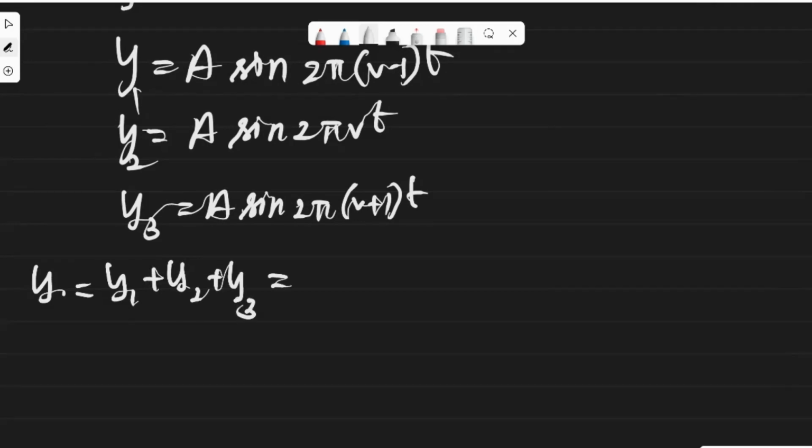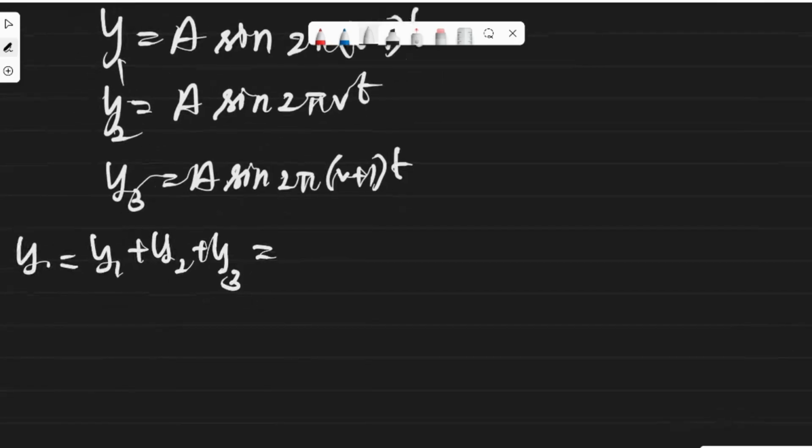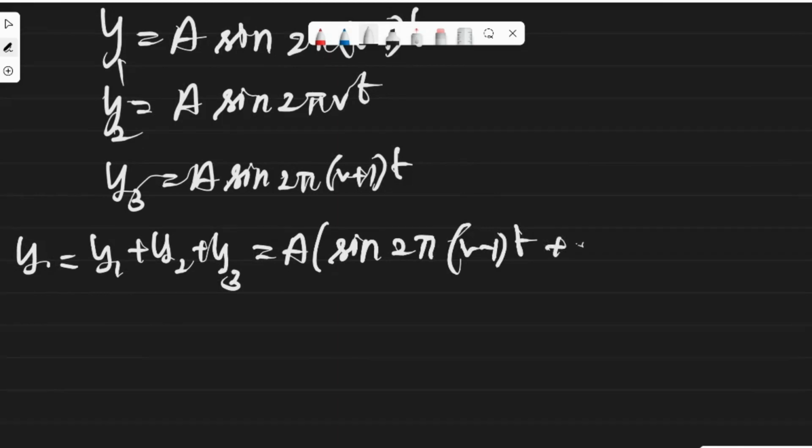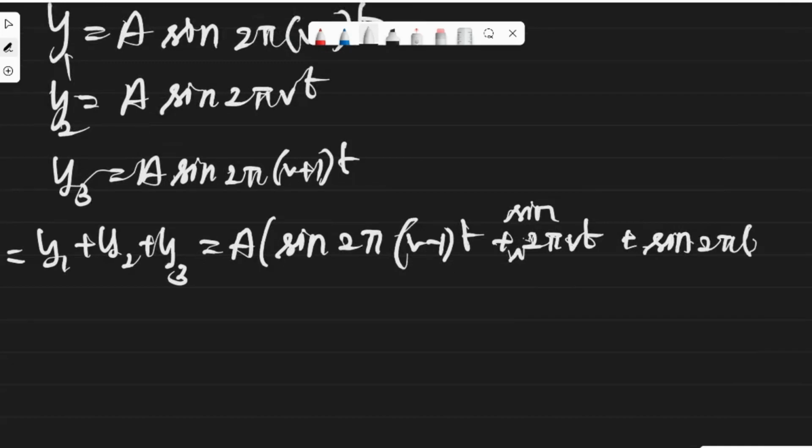Since they have equal amplitudes, I can take the amplitude common. So I would get a into sine 2 pi into v minus 1 into t plus sine 2 pi vt plus sine 2 pi into v plus 1 into t.